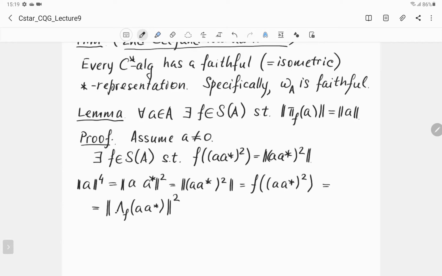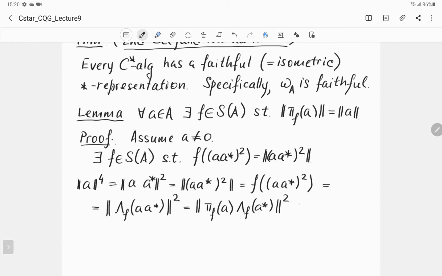So this is the inner product of lambda f of A star by itself. Well, okay, let's now write this in the following form. This is pi f of A applied to lambda f of A star. Again, this is actually the definition of the GNS representation.